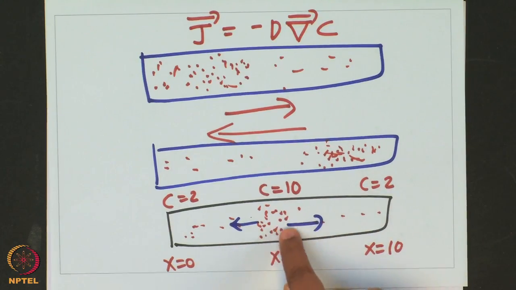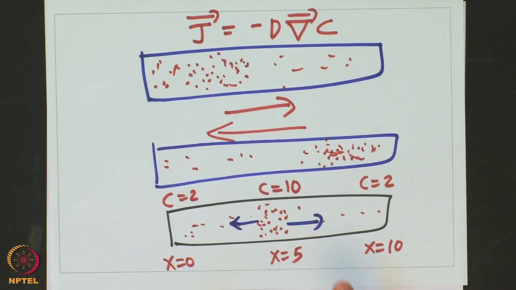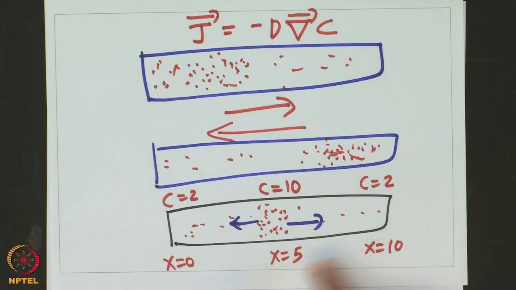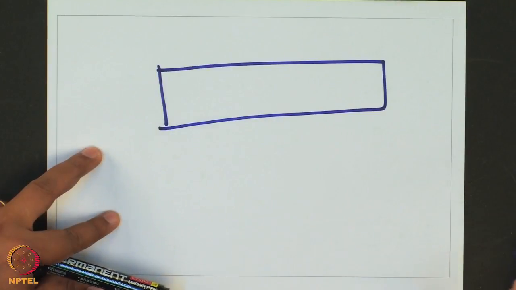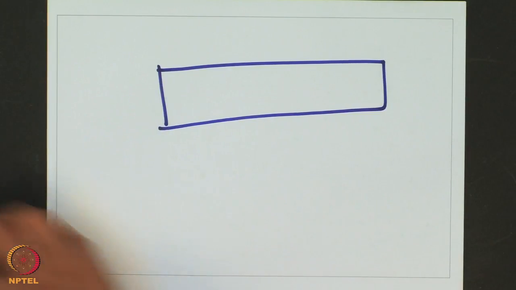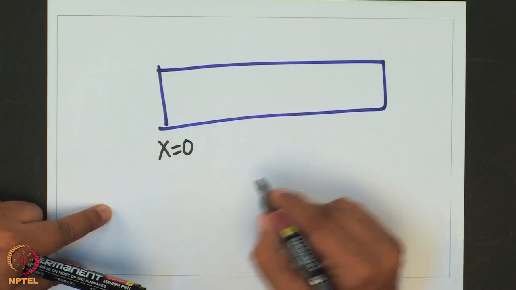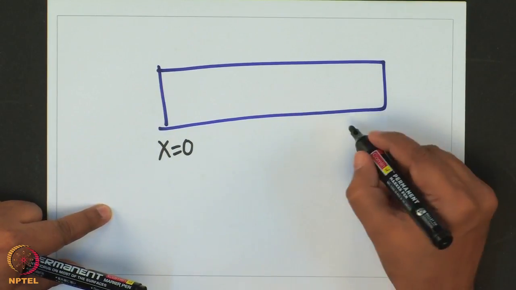So, let us consider and focus on this situation and try to think about what is the J, which is the current in this particular direction. Let us calculate the J. We are considering the case of a tube, and here x equal to 0 is a distance in units of, let us say, micrometers.